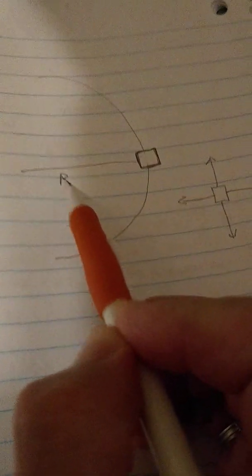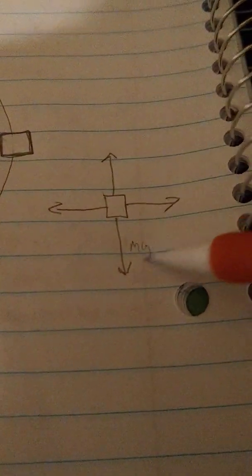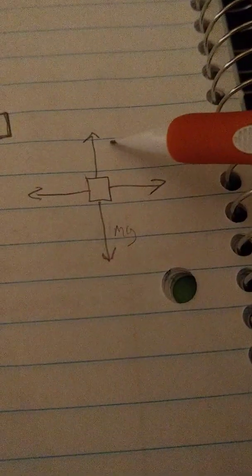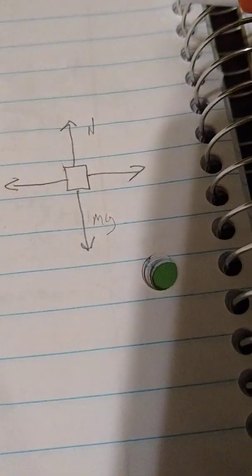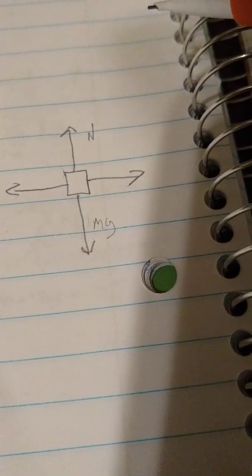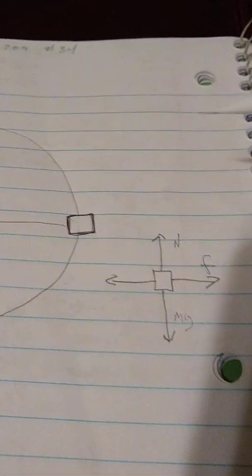Okay, so here we have our car and our curve, right? Here we have our radius, and we'll go outside and we'll draw the forces. We'll have gravity, and we'll have the normal force, and we'll have frictional force, right?